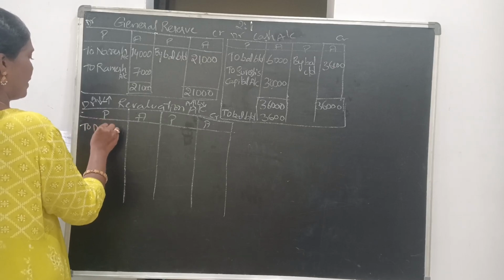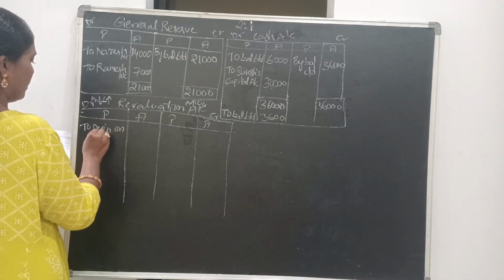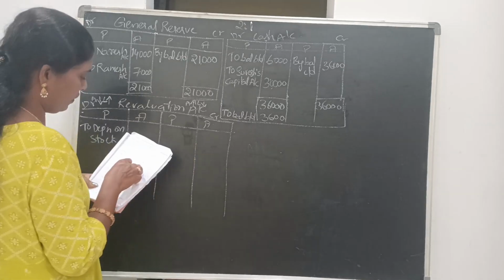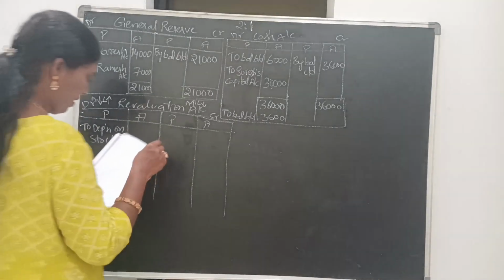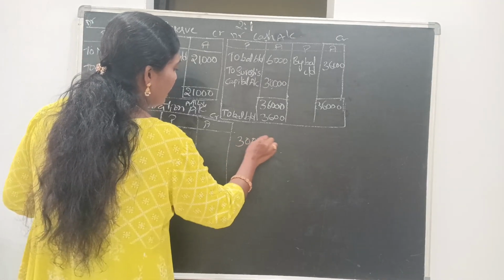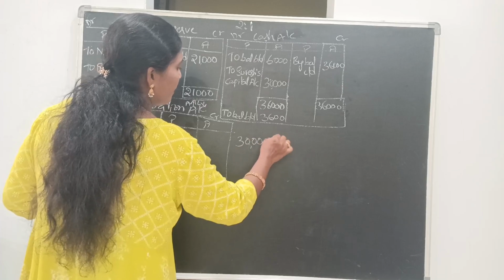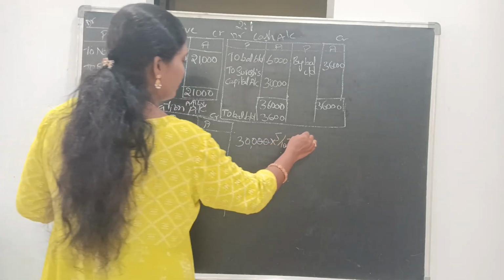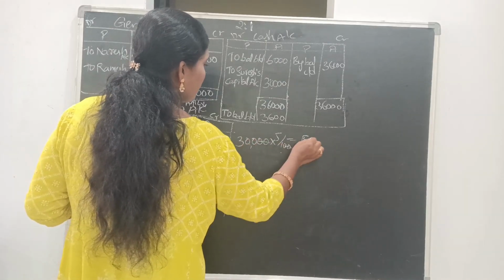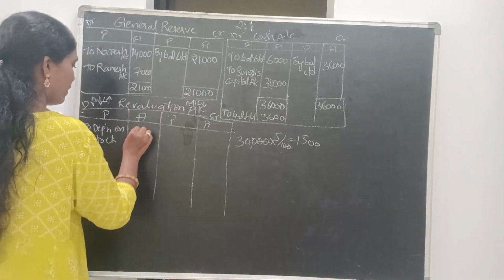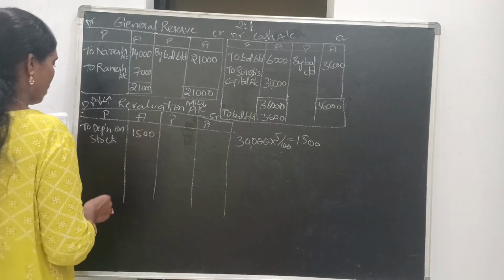So depreciation on stock. Stock value is 30,000. On that 5%, simply cancel these two zeros. 1500 is the depreciation on stock.